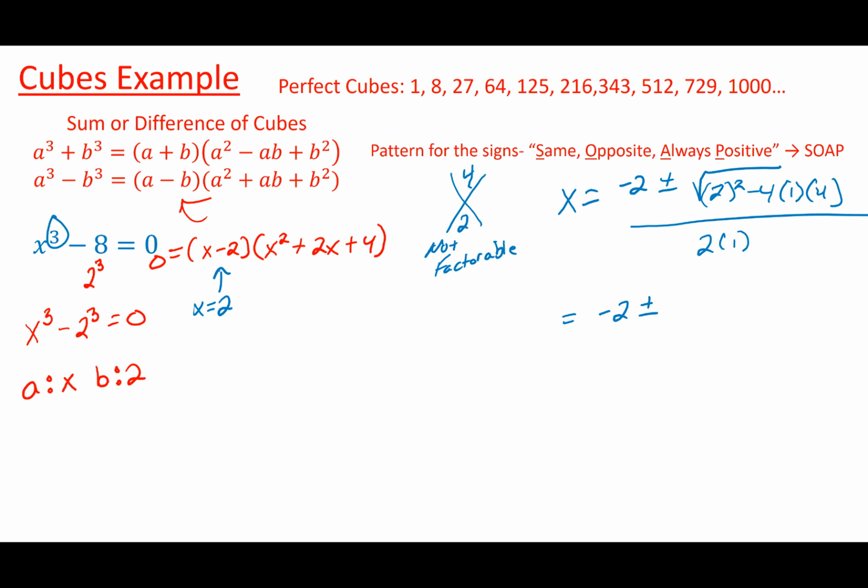2 squared is 4, minus 4 times 4, which is 16. So 4 minus 16 leaves me with a negative 12 under my radical. How can I write the square root of negative 12 without a negative under there?